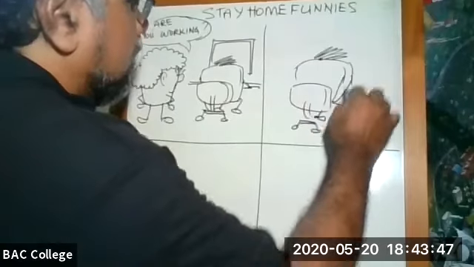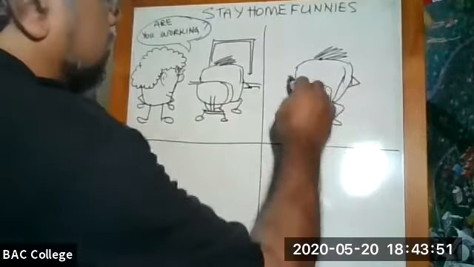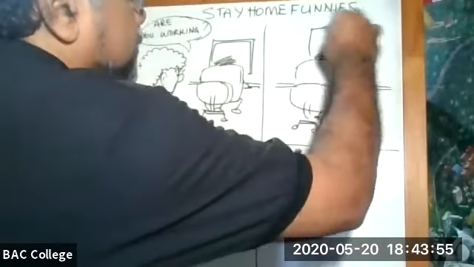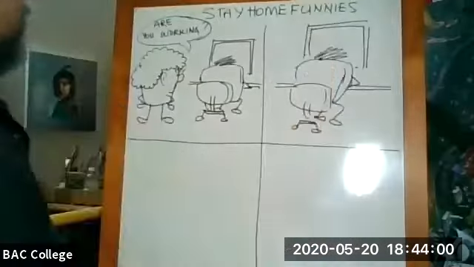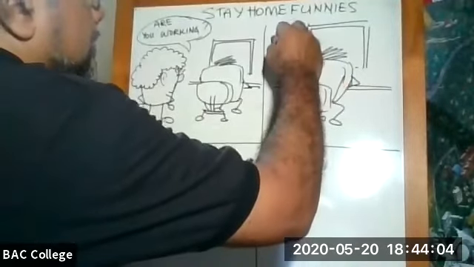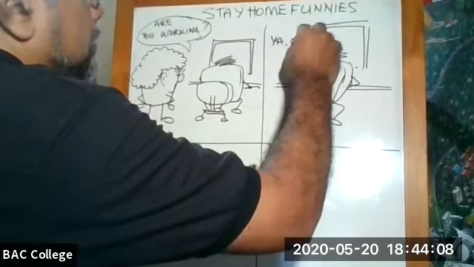Okay, this may not be that funny. This is his hands, by the way, not his nose here. And his laptop still there. And he's saying to the wife, yeah, of course.